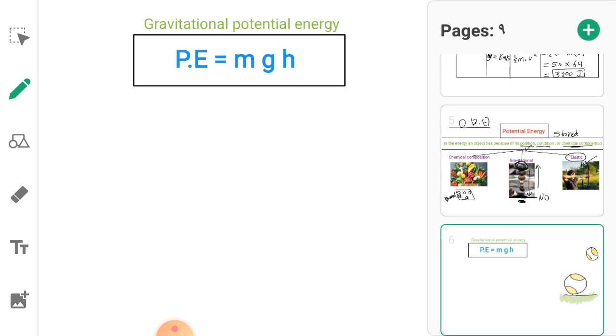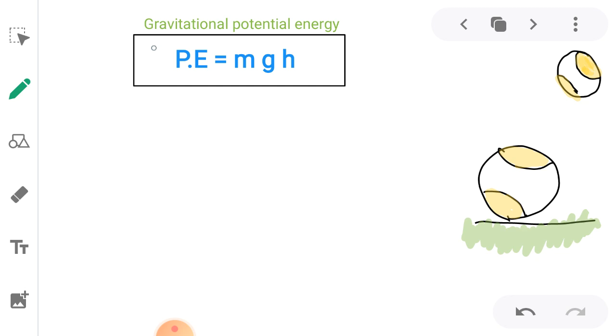Let's focus on one kind, which is gravitational potential energy. We're going to learn its law. The law of gravitational potential energy is PE equals mgh. M is for mass, which we measure in kilograms. G is for gravitational acceleration.